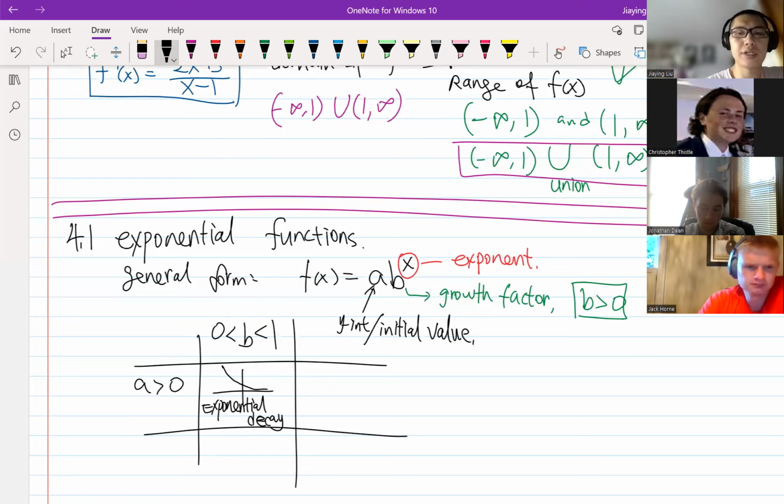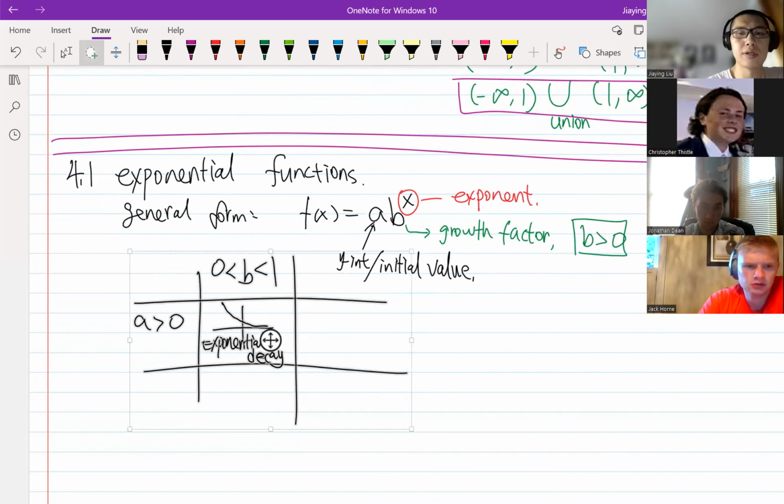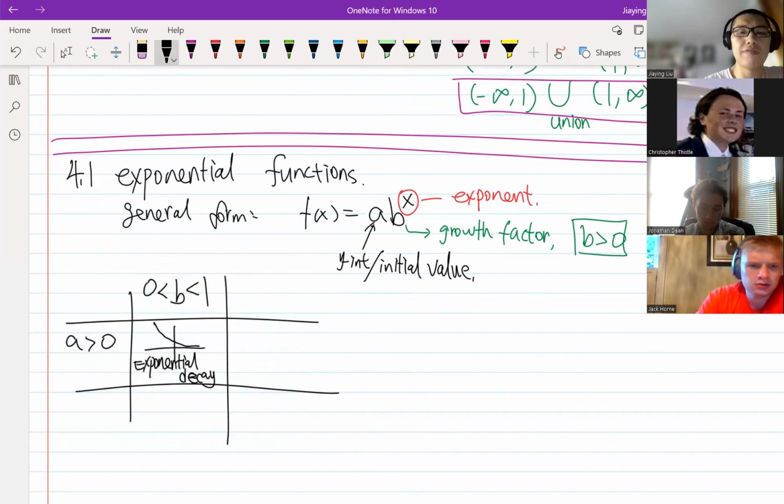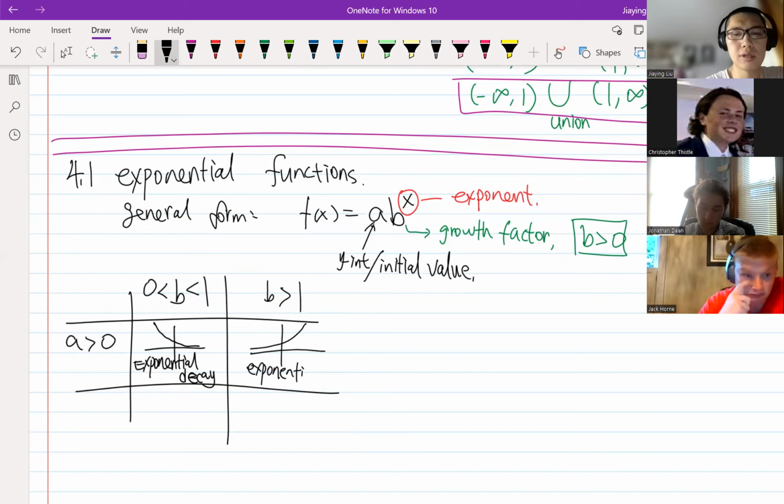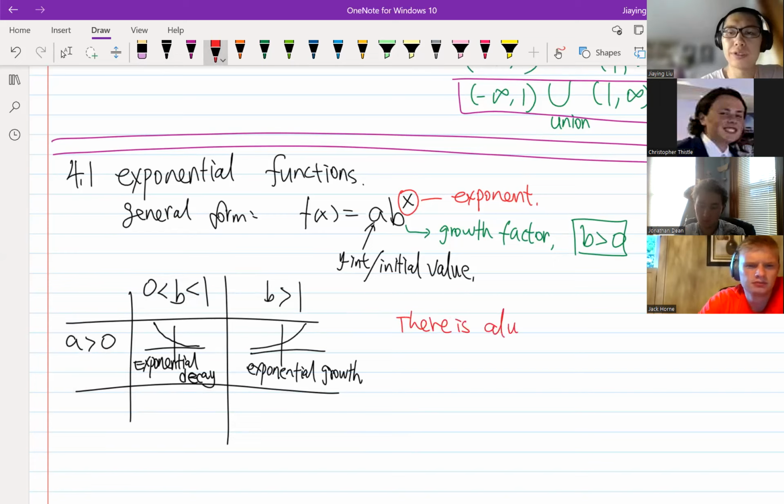And if b is more than 1, so a is still positive, b is more than 1, we get this exponential growth graph. No matter if b is more than 1 or less than 1, or a is positive or negative, there is always a horizontal asymptote.